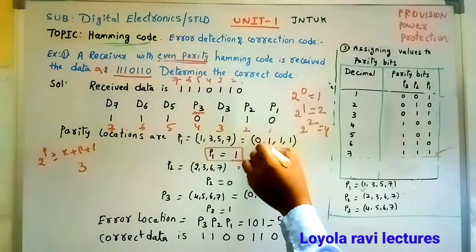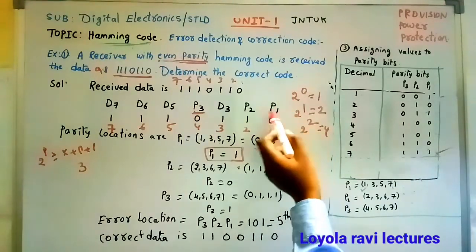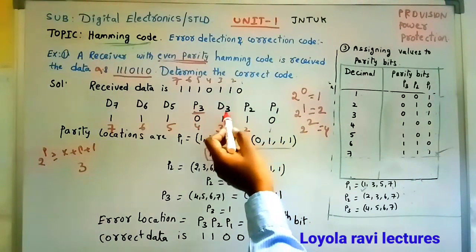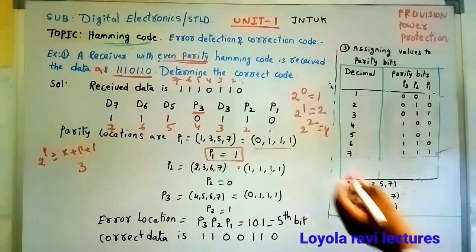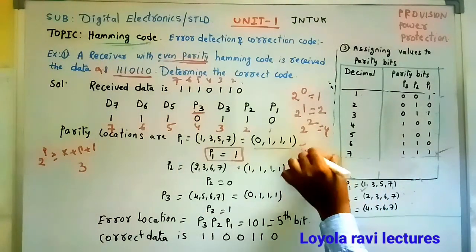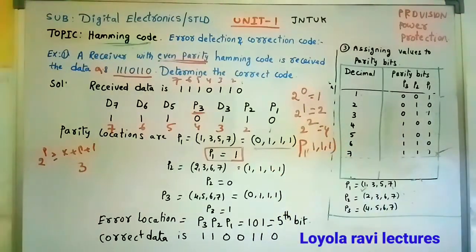Generally we may take it as P1 and D3, D5, D7. It may be P1, 1, 1, 1. You may take it like this also.